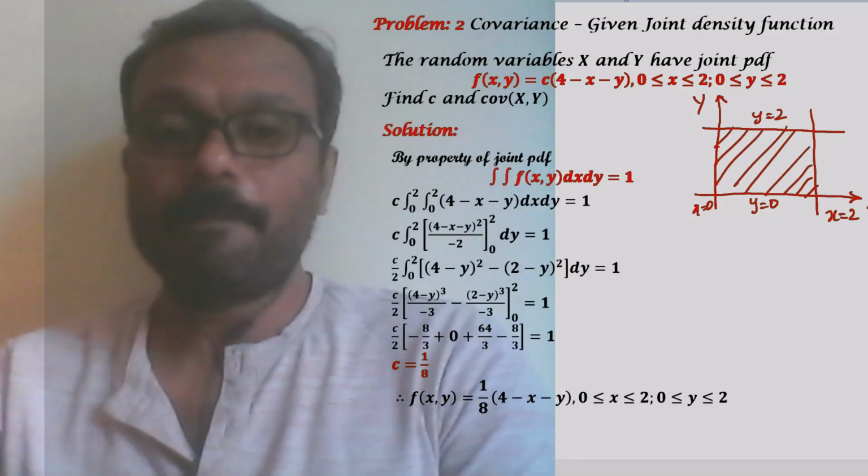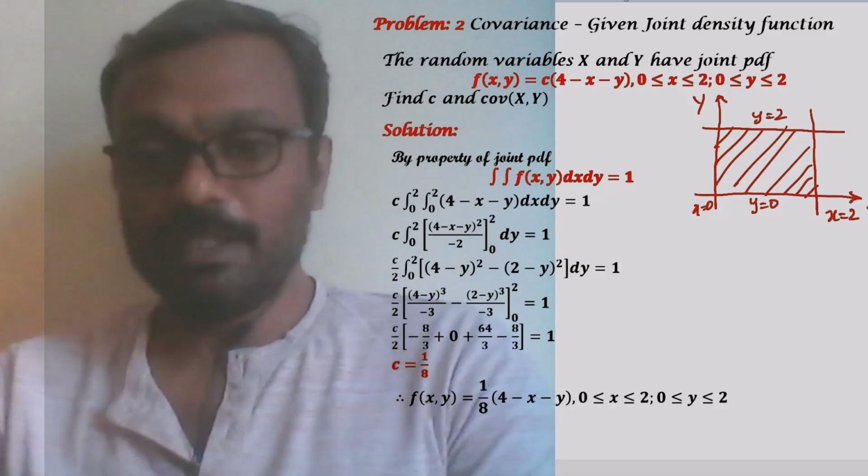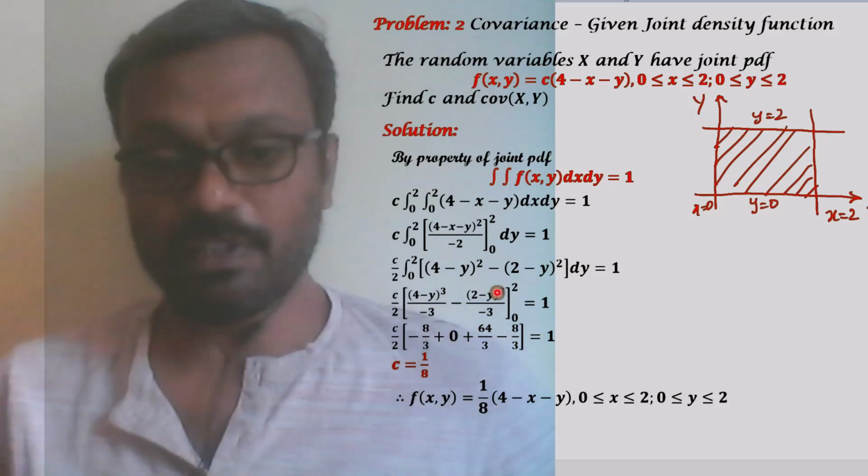Integrating it over the domain 0 to 2, we get c is equal to 1 by 8. Now we proceed to compute the marginal density of x and marginal density of y. Substituting back the value of c we have evaluated, c is equal to 1 by 8, in the given joint density function, it is 1 by 8 into 4 minus x minus y.